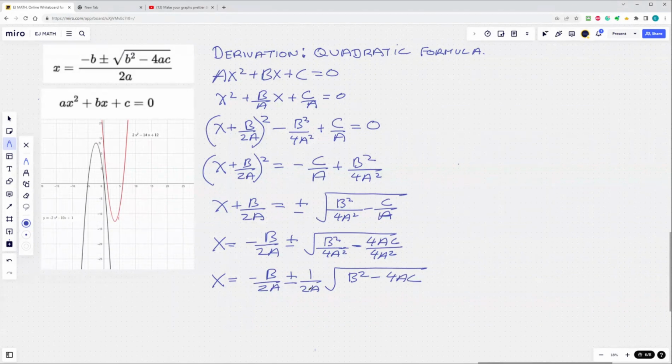So now the common denominator is 2a. So I have x is equal to minus b plus or minus the square root of b squared minus 4ac, the whole thing over 2a. And I've just derived the quadratic formula.